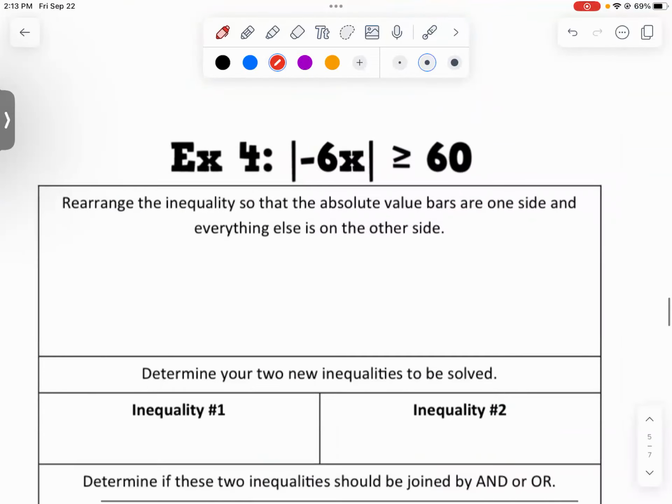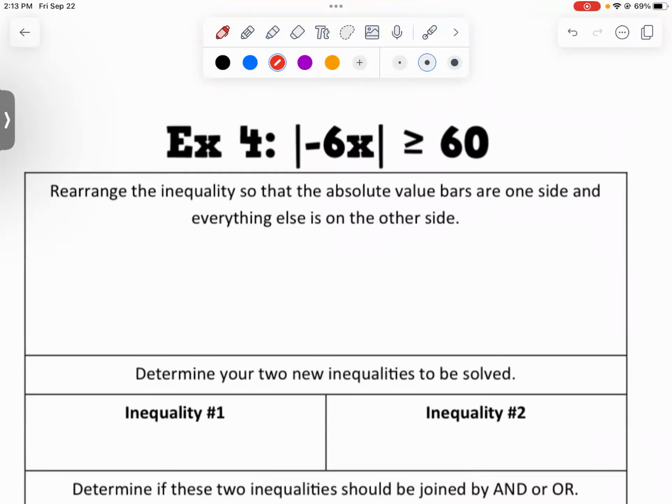Okay, so my first question is the absolute value by itself? No. In order to get the absolute value by itself, Connor, what do we need to do to both sides?